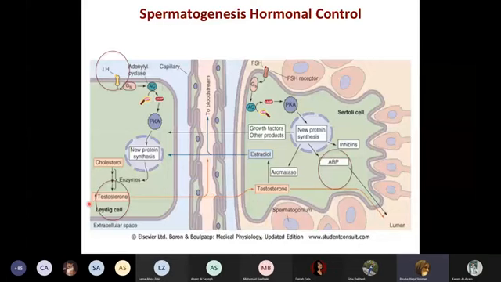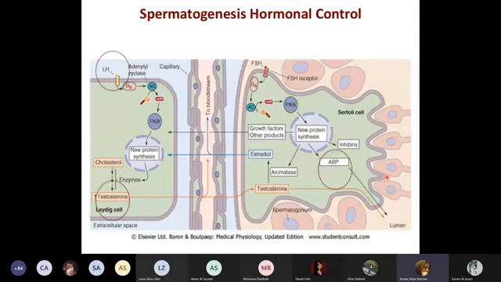It can diffuse and act inside of the cell. It can bind to an intracellular receptor, and it can go to the nucleus and activate the synthesis of new proteins. Moreover, it can pass into the lumen and bind the ABP after being responsible for its synthesis.